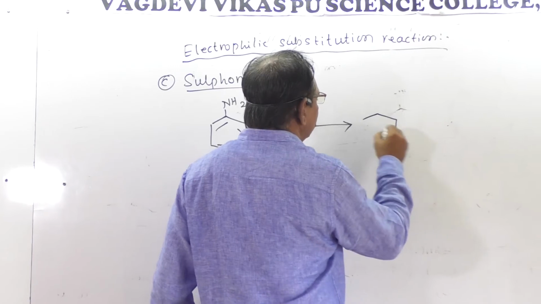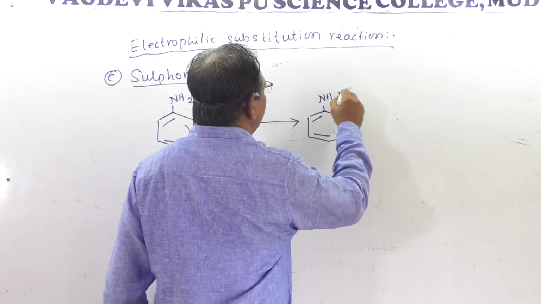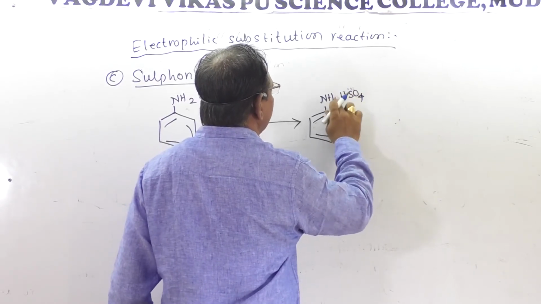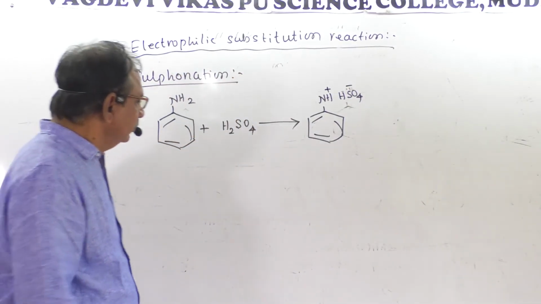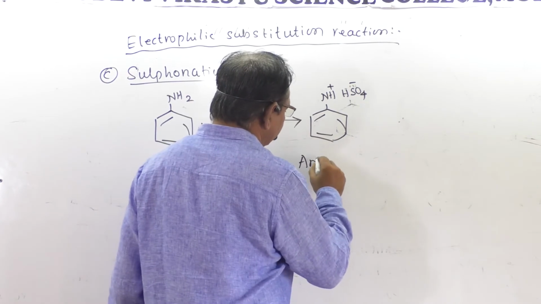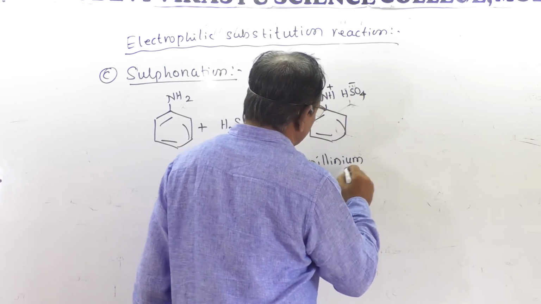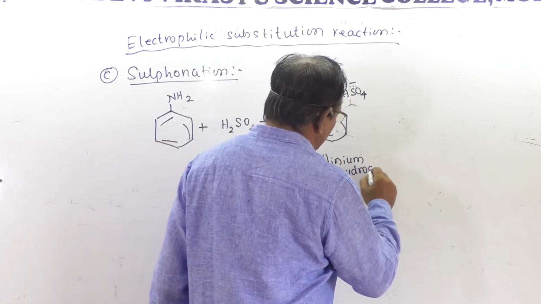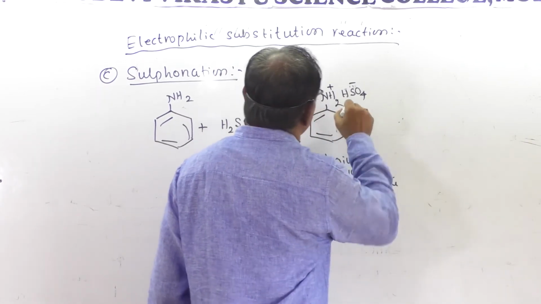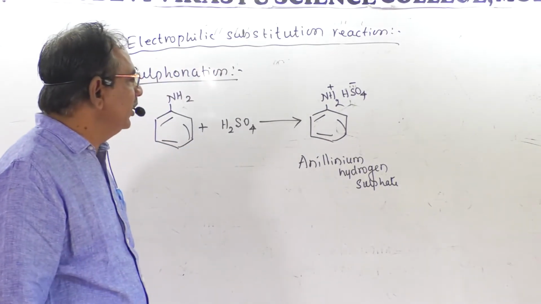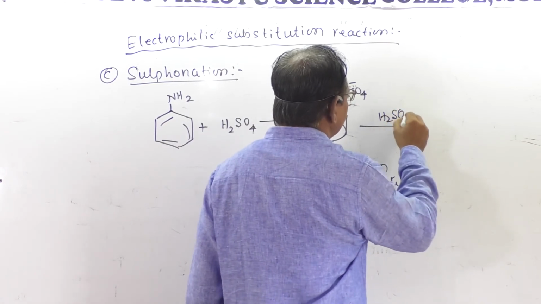First it forms C6H5NH3+ HSO4 minus, that is anilinium hydrogen sulfate. So this again reacts with H2SO4.